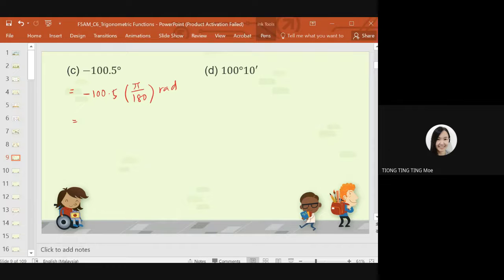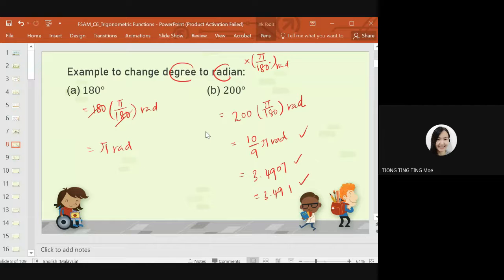So you get negative 67/120 pi radian, or negative 0.5583 radian. I forgot to write radian. If there is no radian, there are no marks.